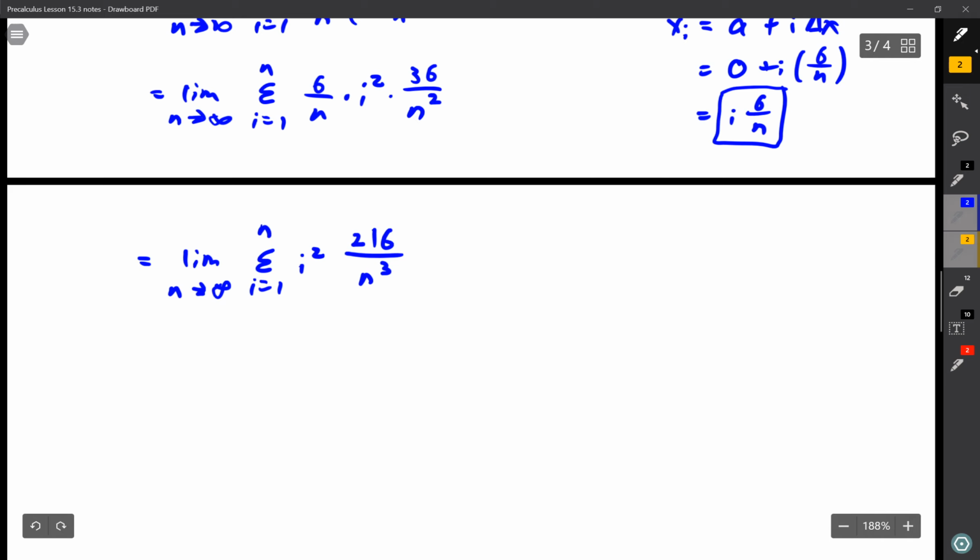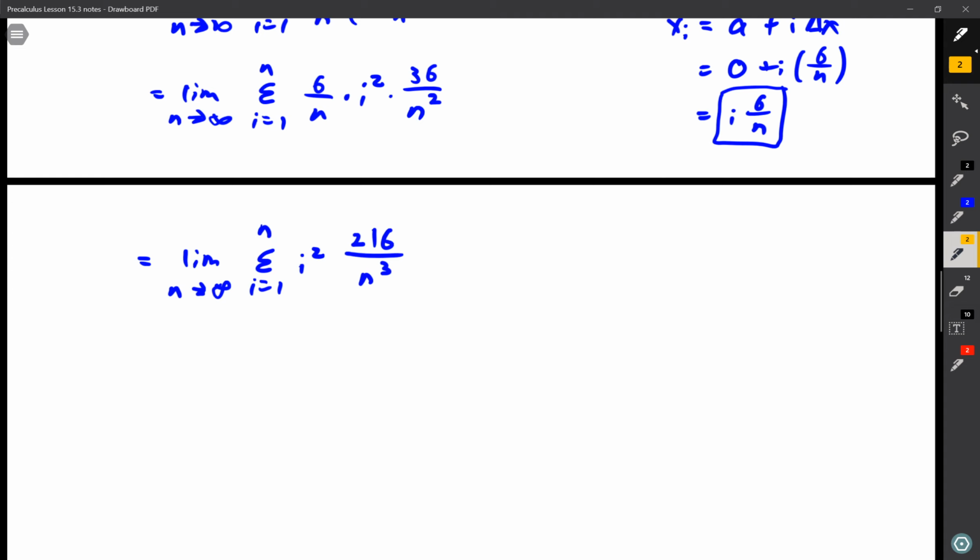Now, here is where we get to an important thing. So what's going on here? What's going on here is this sum is we're saying plug 1 in for i. So it's going to be 1 squared times 216 over n cubed plus 2 squared times 216 over n cubed plus 3 squared times 216 over n cubed, etc. Okay?